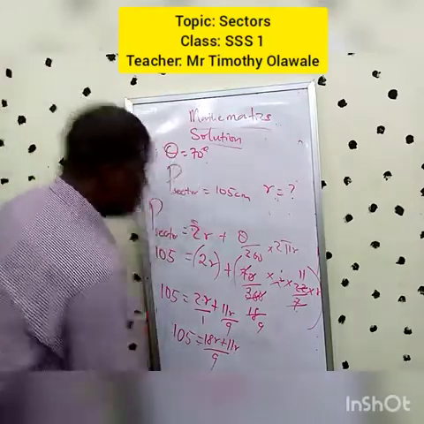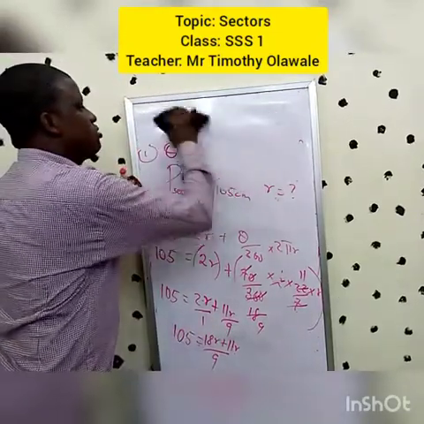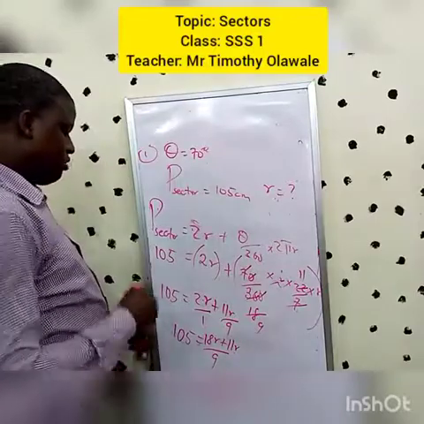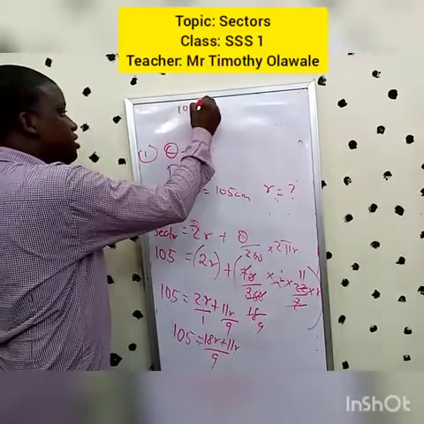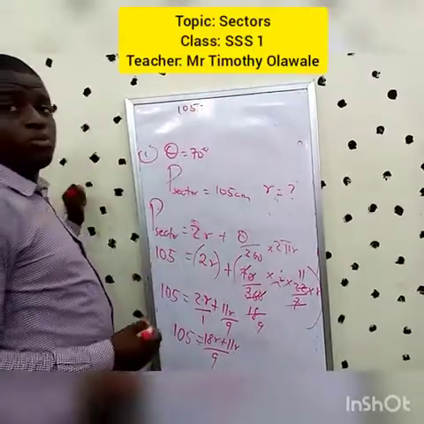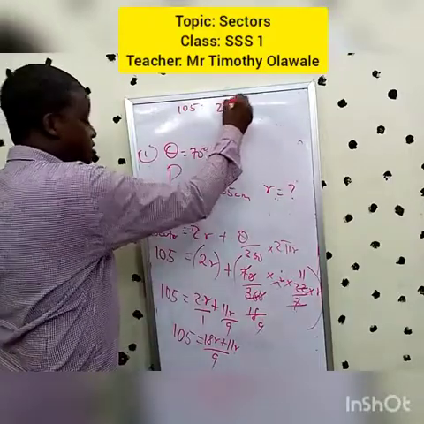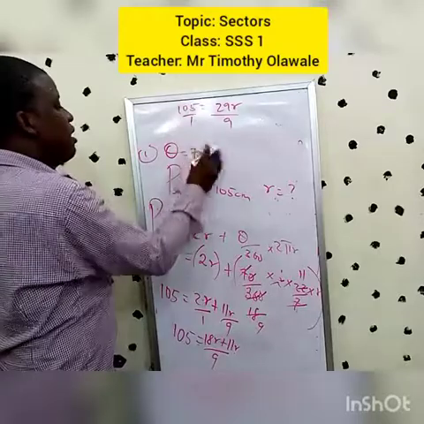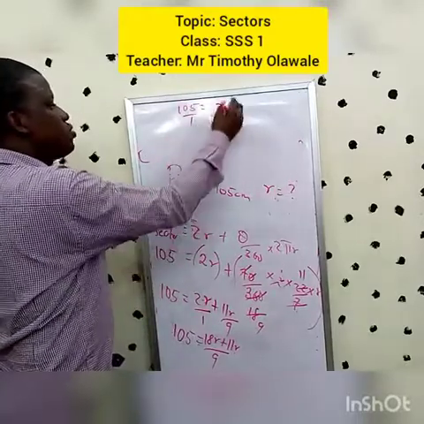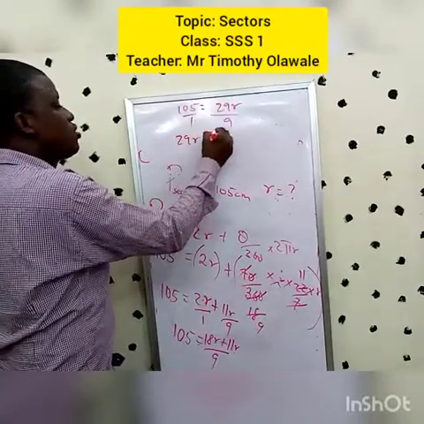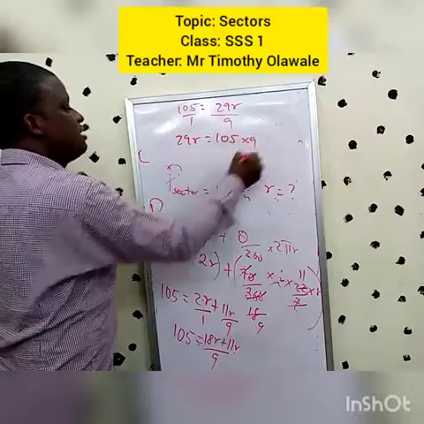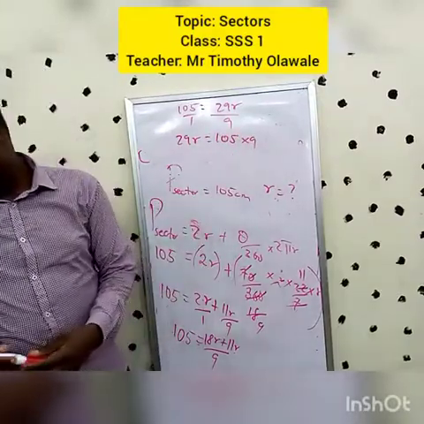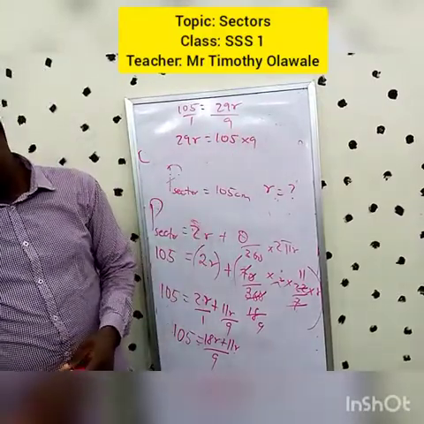Alright, so we have 105 equals 18r plus 11r is 29r over 9. Is that clear? So we can cross multiply. So we have 29r equals 105 times 9.